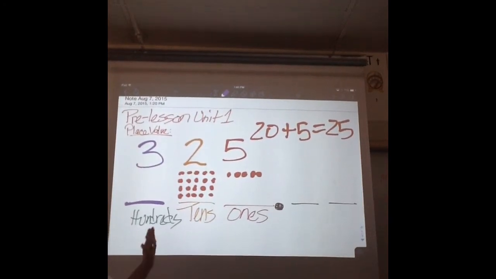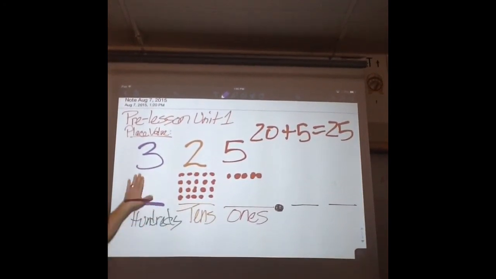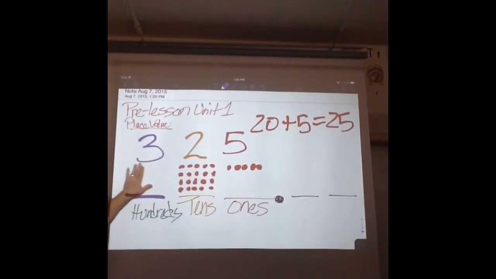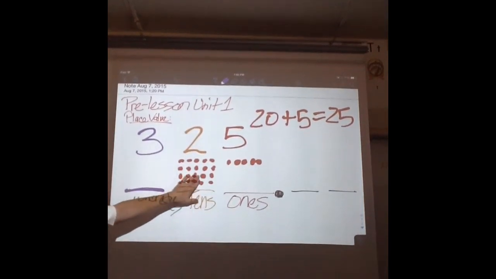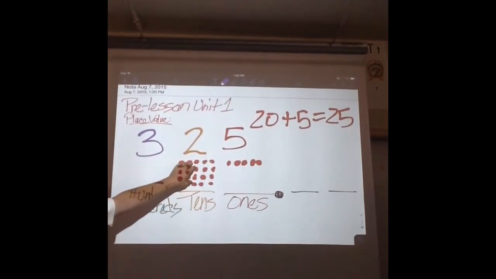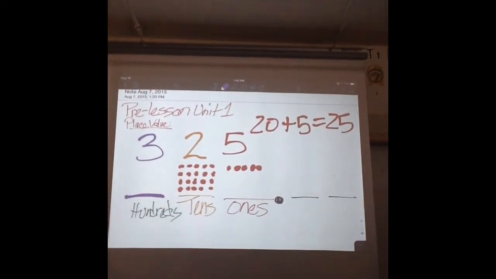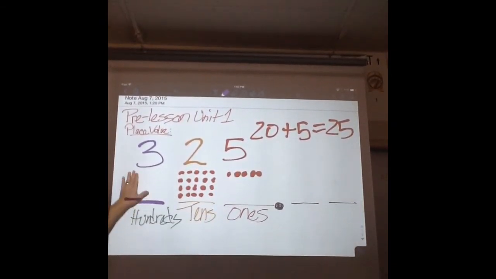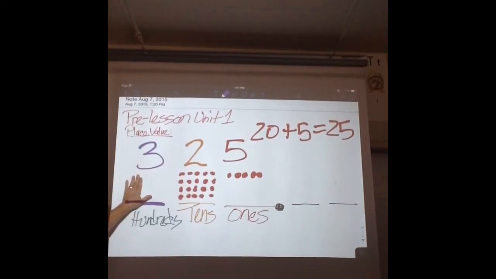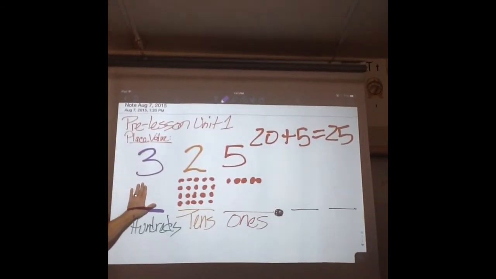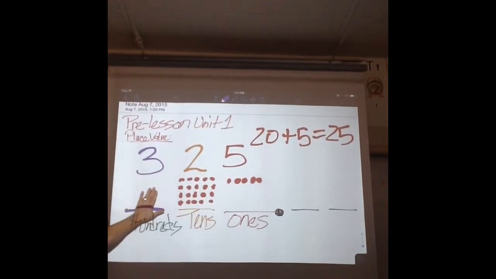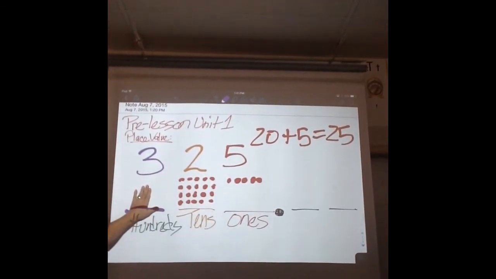I'd have to put 300 dots. Do you think I have room to put 300 dots? No, I don't, because I have 20 dots here, and that takes up a lot of room, right? To put 300 dots in here, I would have to be a lot better drawer and use a lot smaller dots. So I'm not going to be able to do that.